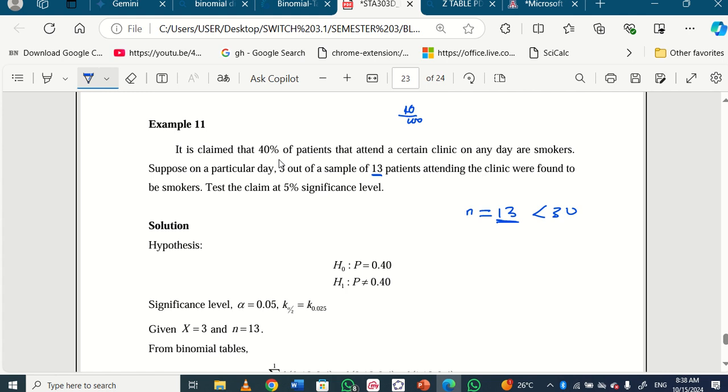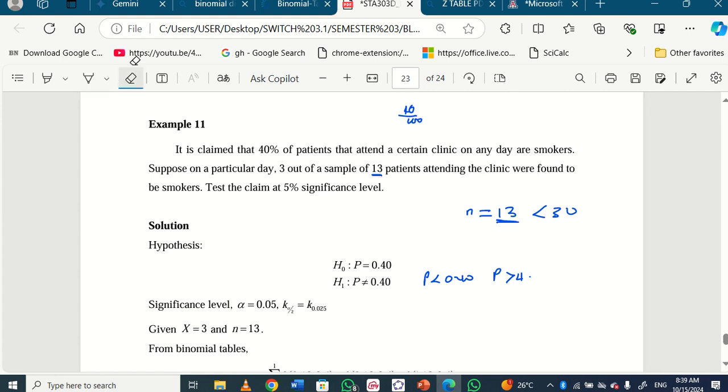Remember, this one has two directions: either P is less than 0.40 or P is greater than 0.40. So this is a two-tailed hypothesis, and we need to take note of that.